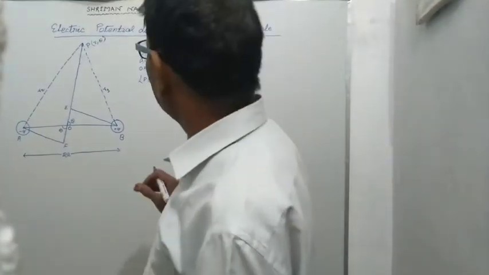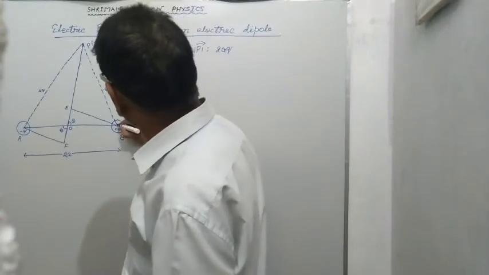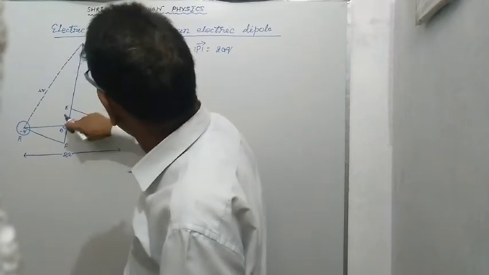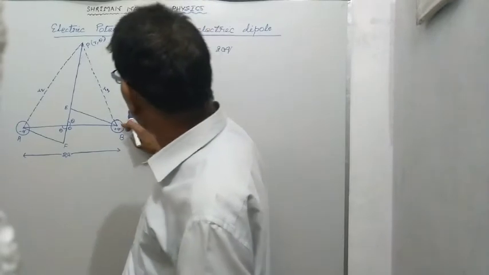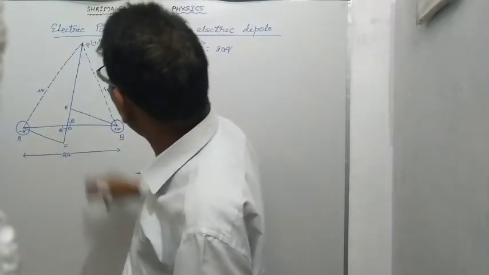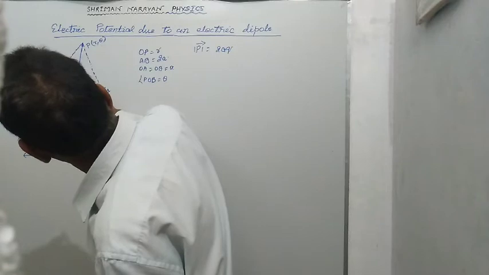Now we draw a perpendicular BE from B on this line OP. See here, we are going to draw a perpendicular BE on this line OP. It means that this angle is equal to 90 degrees.